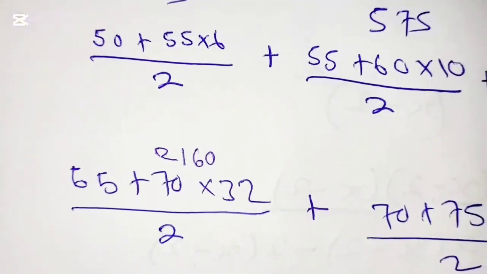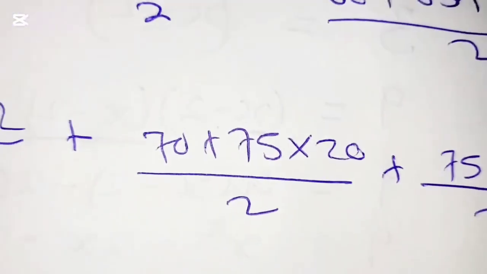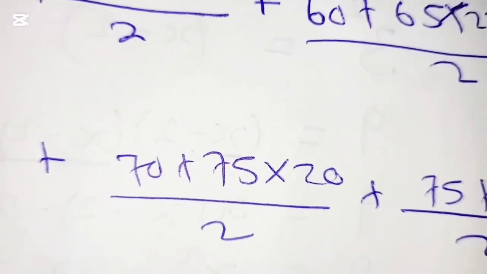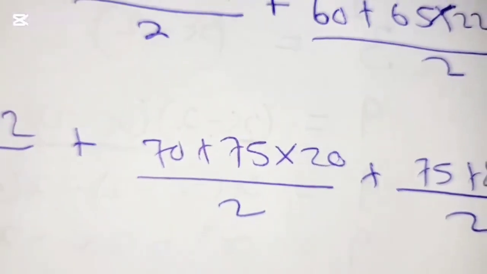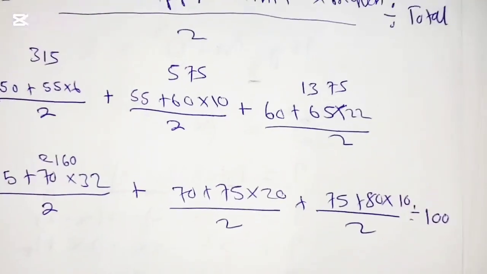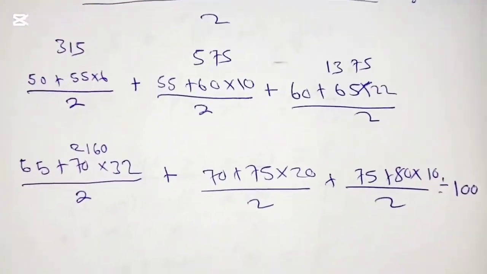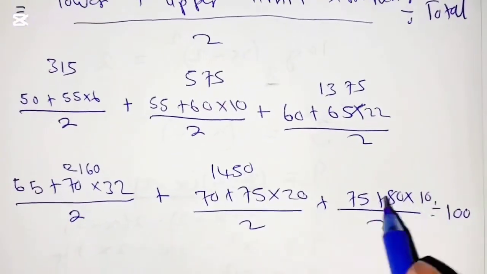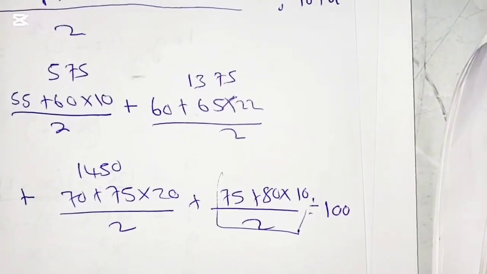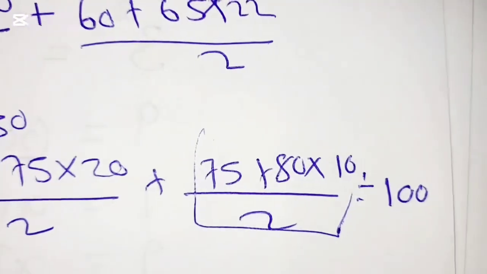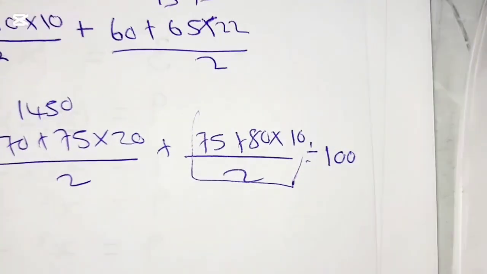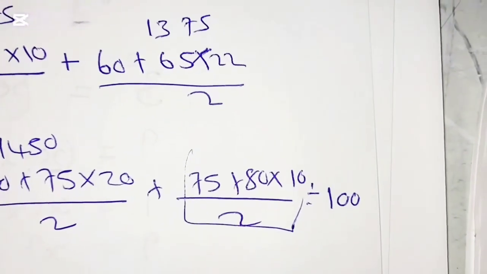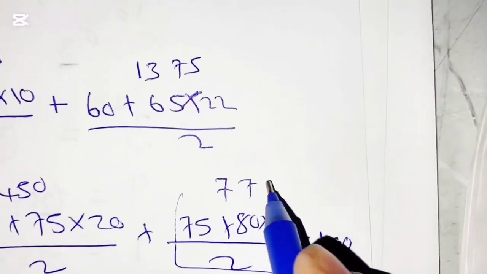And the next is 70 plus 75, equals, times 20, equals, divided by 2 to get 1450. So 75 plus 80, equals, times 10, equals, divided by 2 is 775.